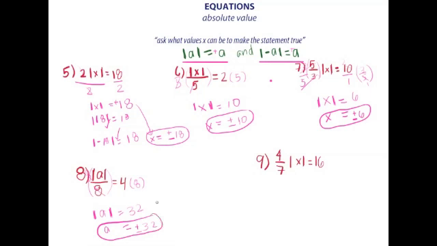And there we go. Last problem, 4 over 7. It's a reciprocal problem again, because it's a fraction times an absolute value. 7 over 4. Cancel, cancel, cancel, cancel. I'm left with this. Okay. And so what do I have here? I have times 7 over 4 on the left side. If it helps, put that 16 over 1.